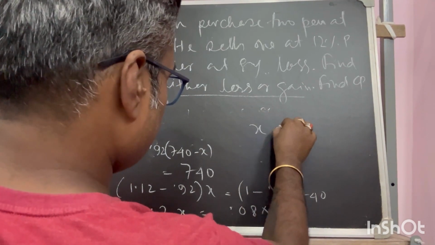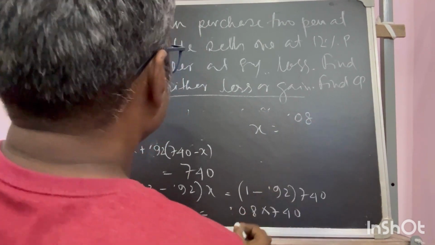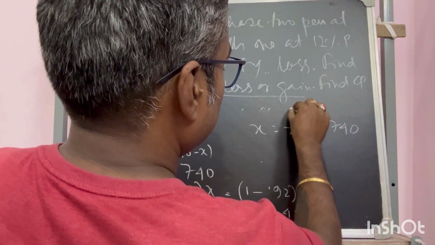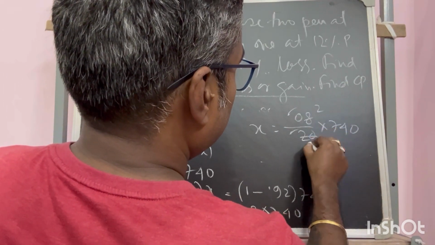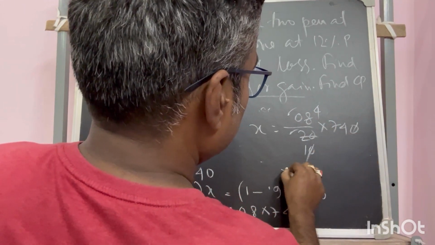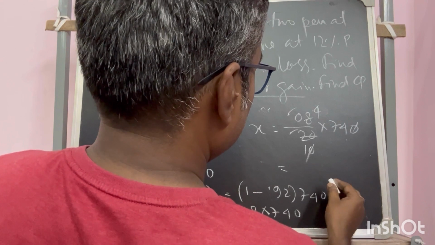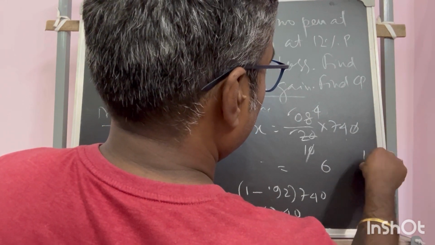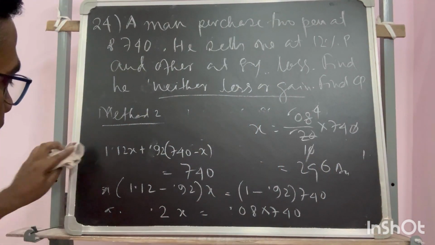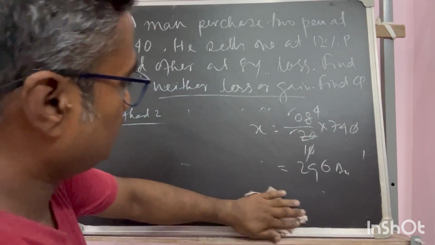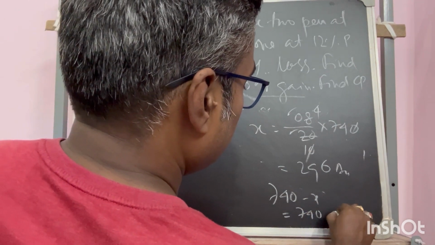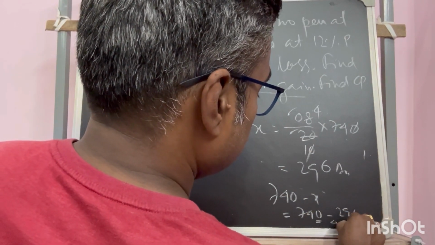So x is equal to 0.08 divided by 0.2 into 740, which gives 296. That is the case for the first one, and for the other one, the cost price will be 740 minus x, that is 740 minus 296. We will get the same result, 444.